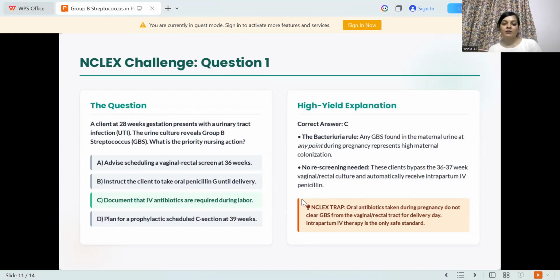Intrapartum IV therapy is the safe standard practice.